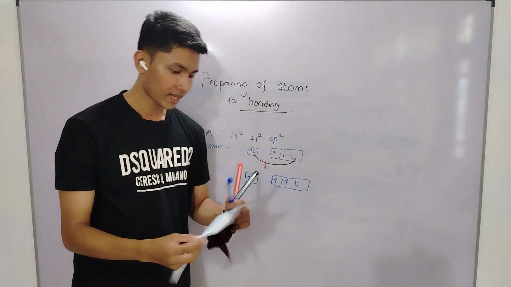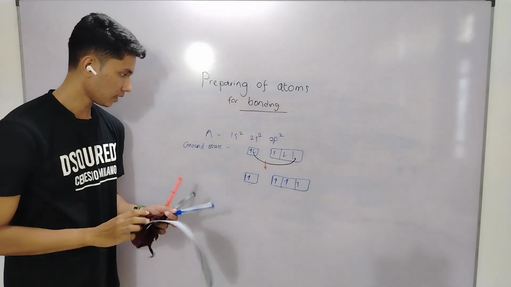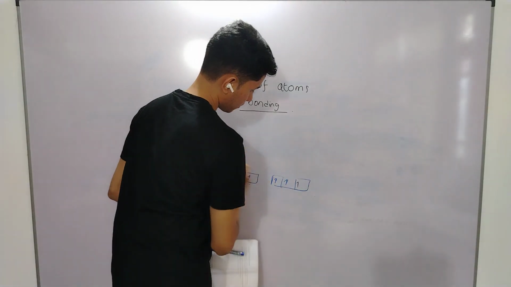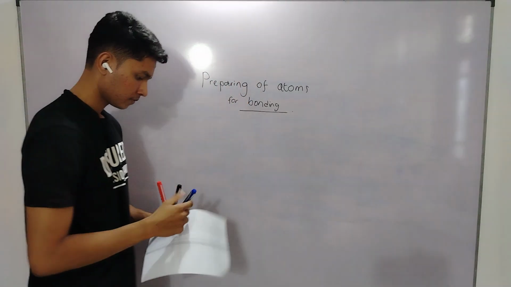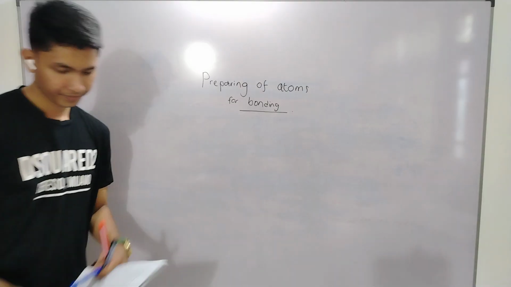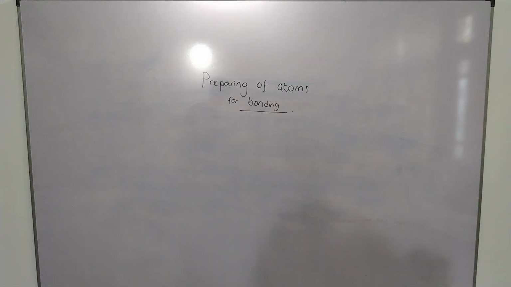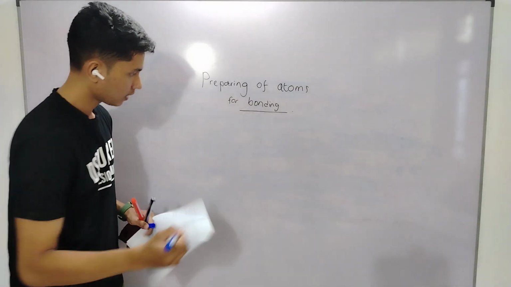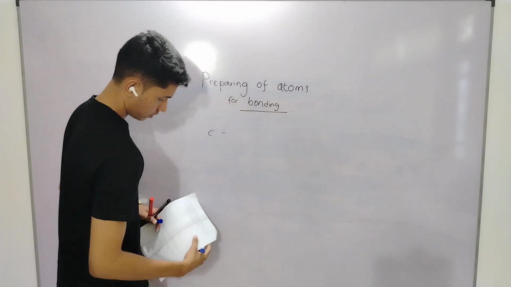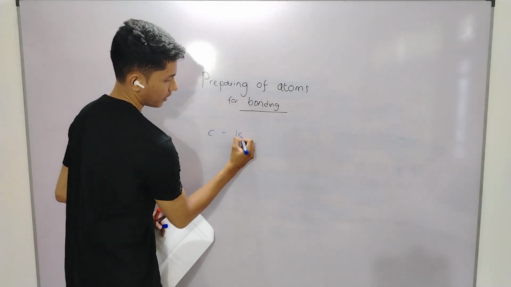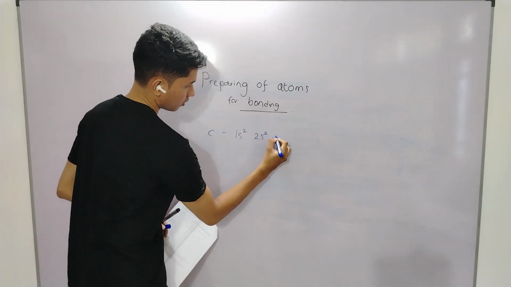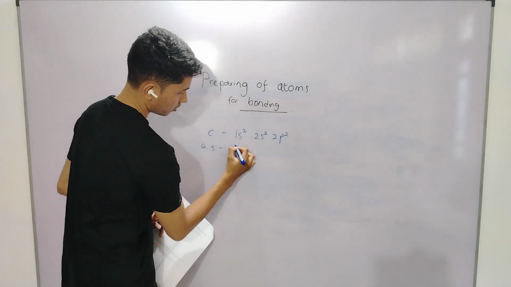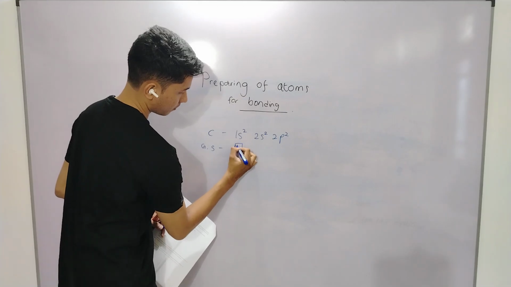Okay, now let's go into the examples. Carbon. The electronic configuration is 1s2, 2s2, 2p2. If we draw the ground state, we get it like this.